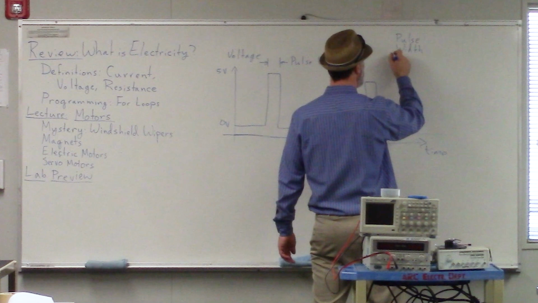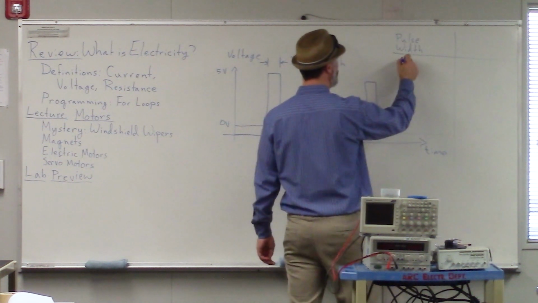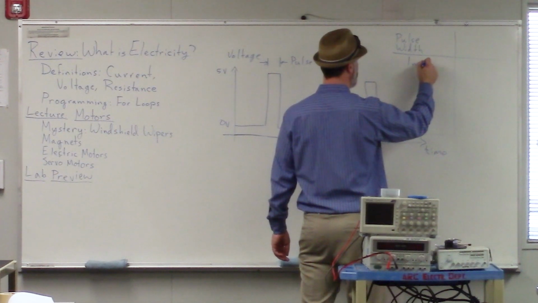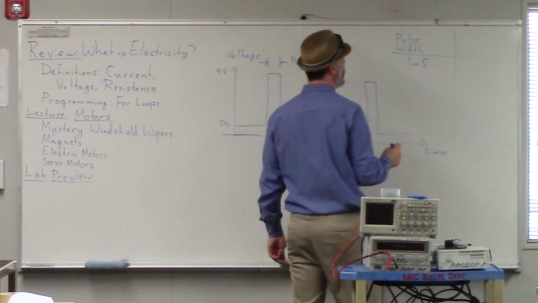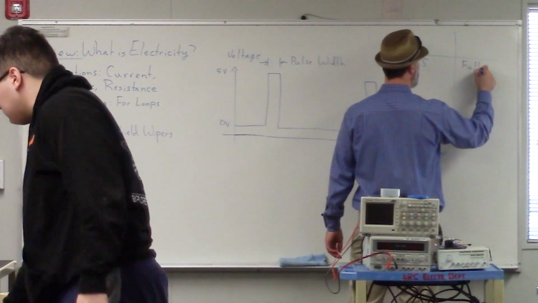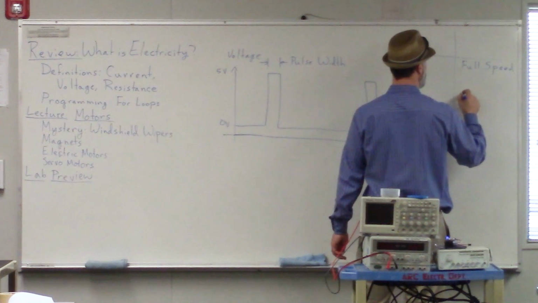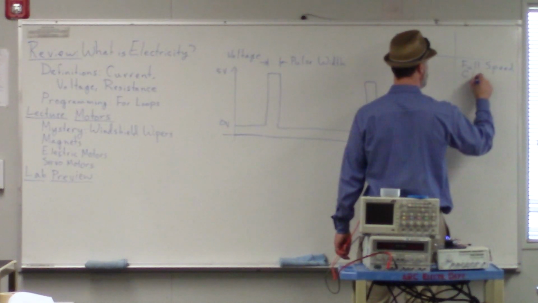So if we have a pulse width of 1 millisecond, that tells the motor to go full speed clockwise.